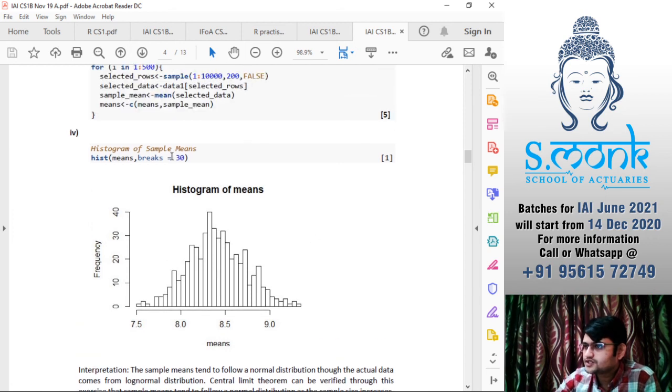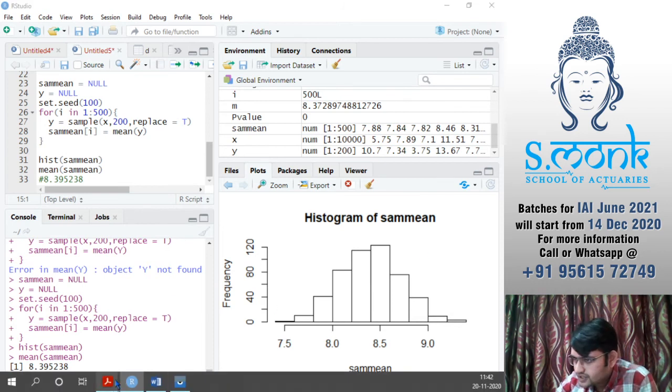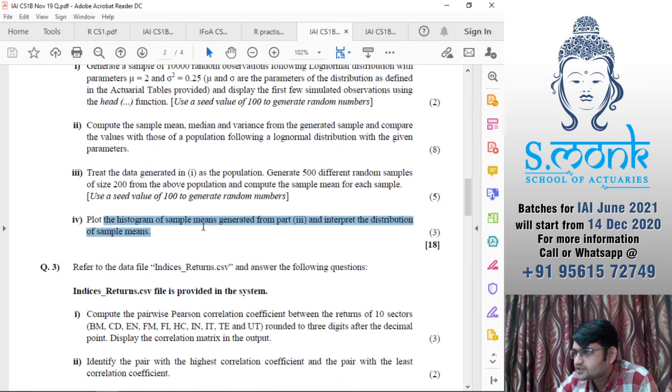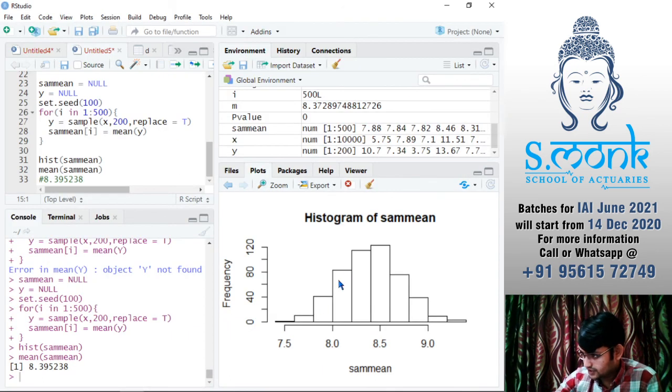Now see, you can specify the breaks. This is very important. Now see here, this is good enough, but let's see what they wrote in the question. Did they specify breaks? No, they did not specify any breaks, but breaks just means how many divisions to take in between. So here this does not seem very good.